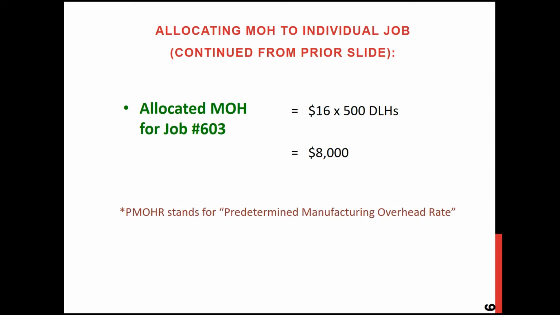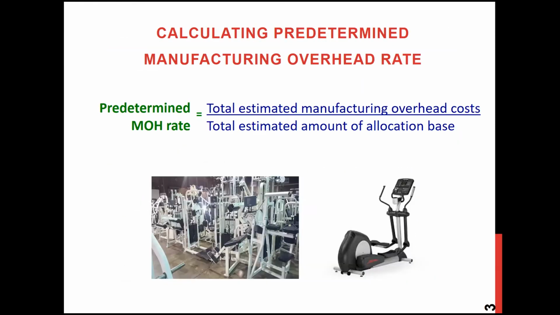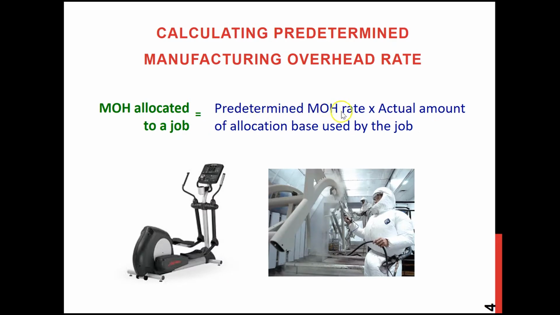You need to know two formulas, and you need to calculate your predetermined overhead rate first, where both parts are total and estimated. Once you know the predetermined overhead rate, you multiply that rate by your actual amount of allocation base for that specific job.